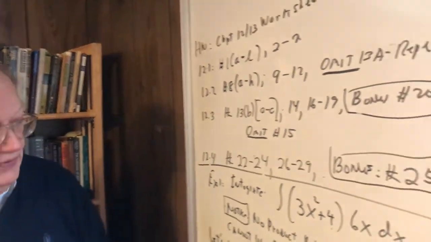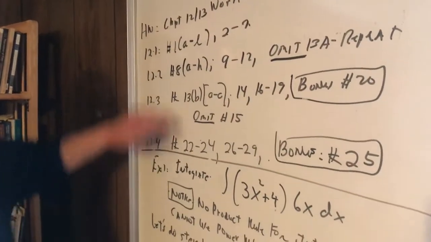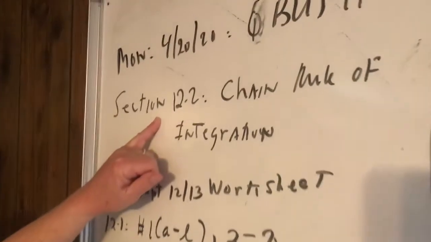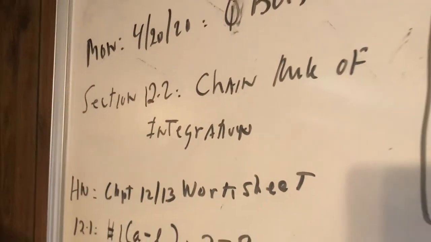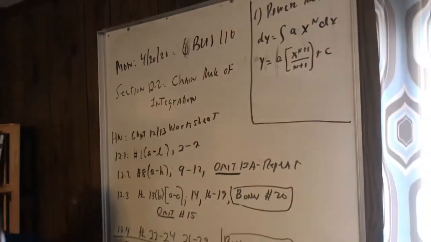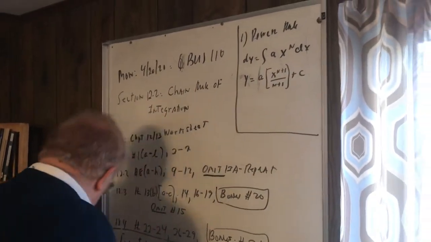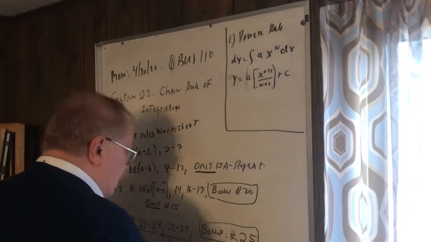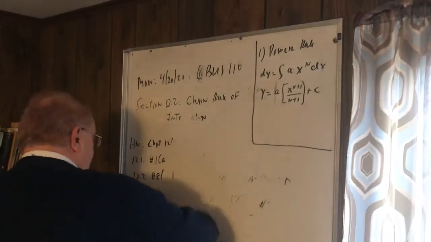Okay, for today's class, we're going into Section 12.2, the chain rule of integration. And I think I should erase and put this on the top. And this way will be a lot easier to see.